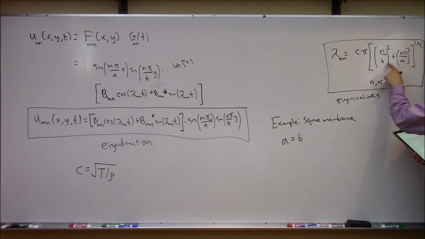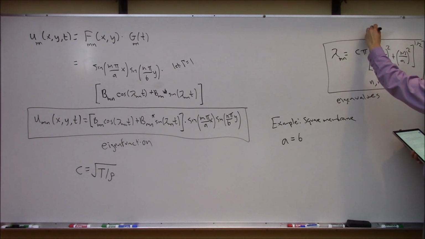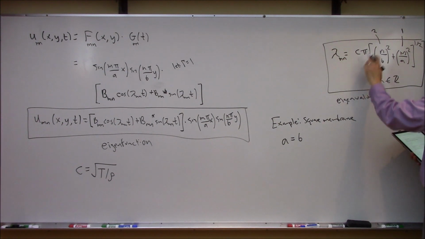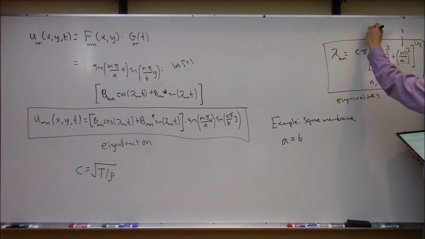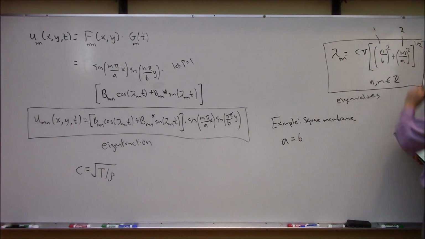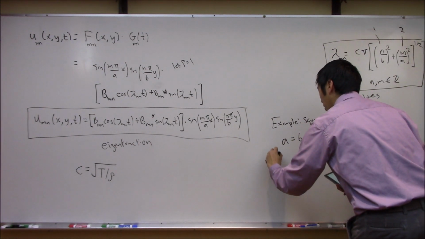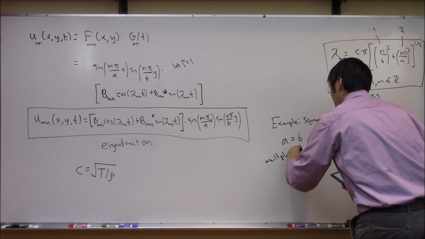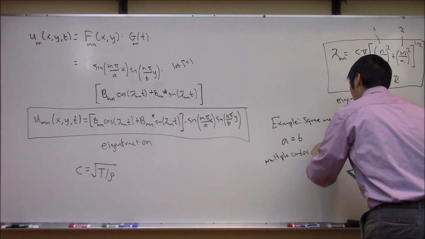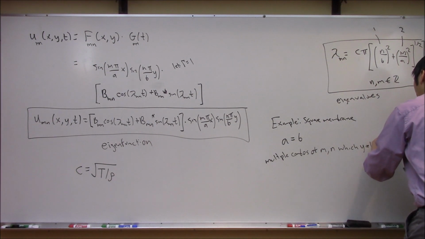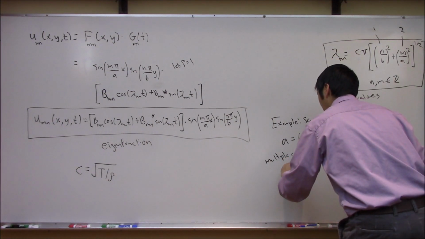You can see if A and B are the same, you could have n equal to 2 and m equal to 1. That is going to give you the exact same value as if you had n equal to 1 and m equal to 2, right? So what we're going to see is there are multiple combos of m and n which yield the same lambda_mn.